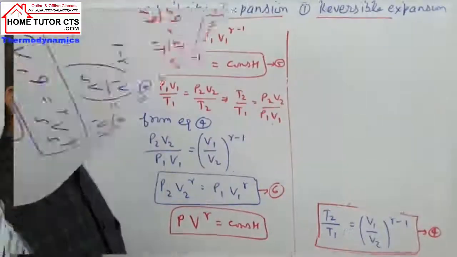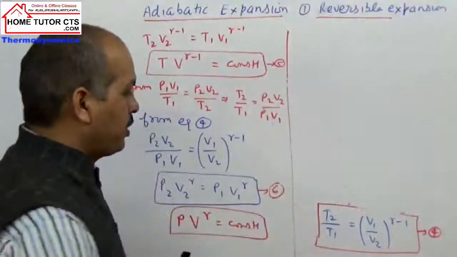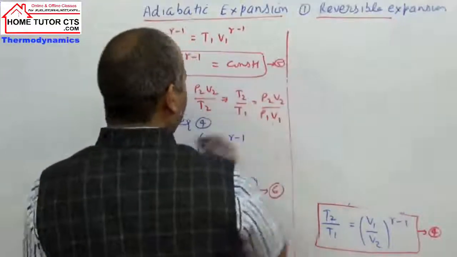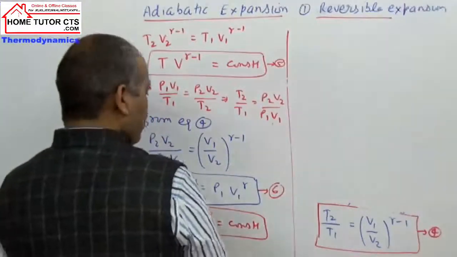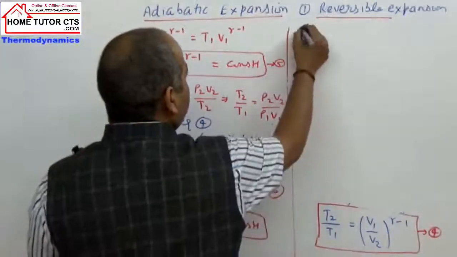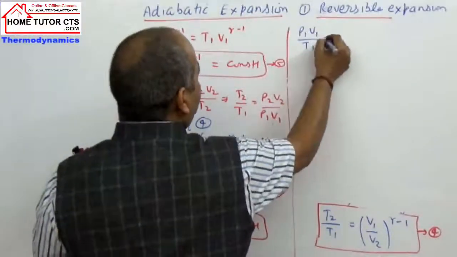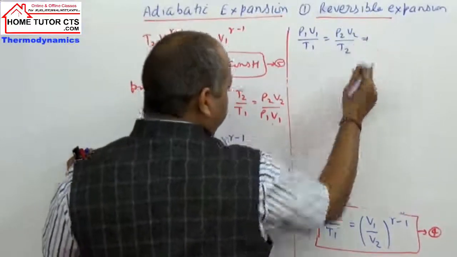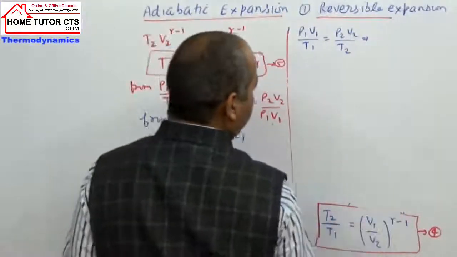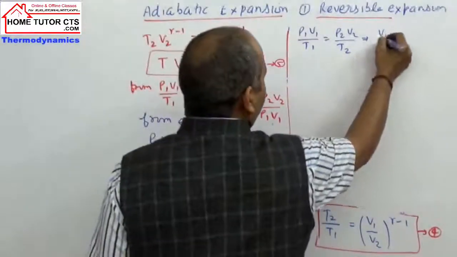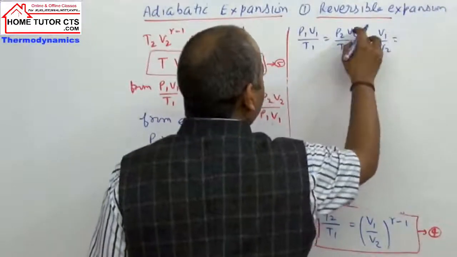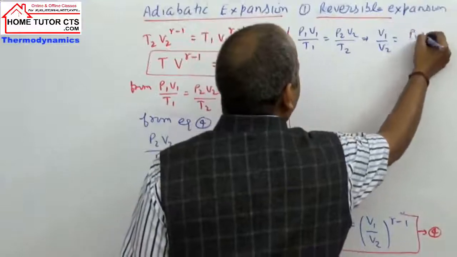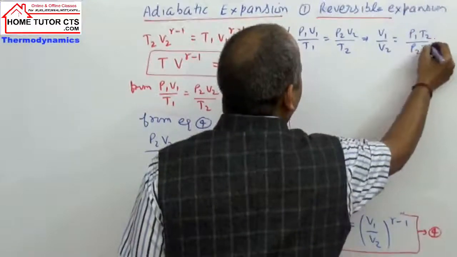Now if I replace the same expression T2 by T1 using the combined gas law, P1 V1 by T1 is equal to P2 V2 by T2. From here I can write the relation of volumes in pressure terms. V1 by V2 will be how much? P1 T2 by P2 T1.